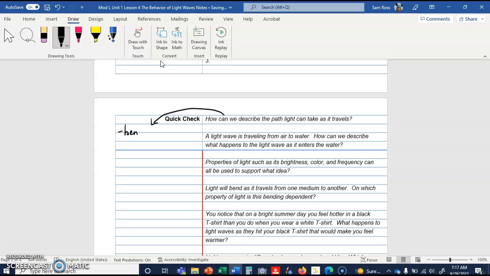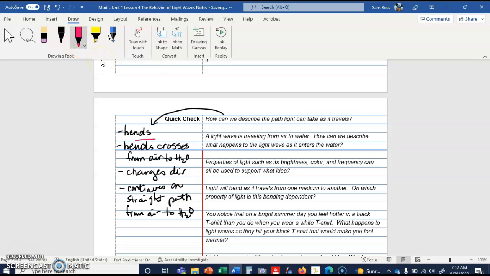One of the options is that it bends as it goes through the air. It bends as it crosses from air to water. It randomly changes direction, and it continues on a straight path from air to water.